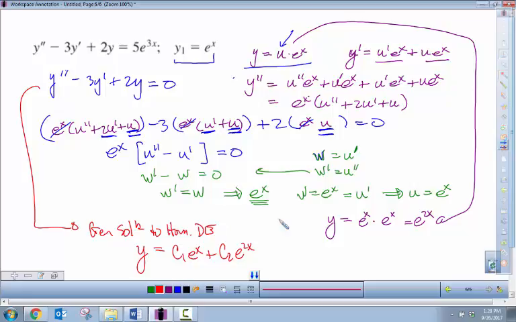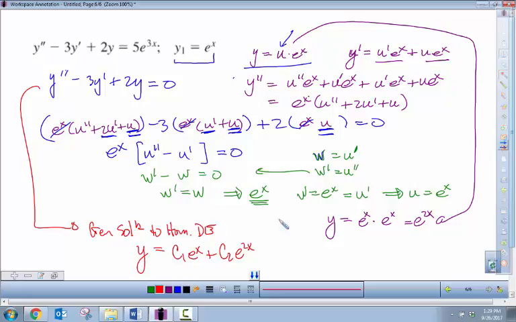So now, for the particular solution, how are you supposed to find a particular solution? Just add that 5 e to the 3x. It's something to do with the 5.